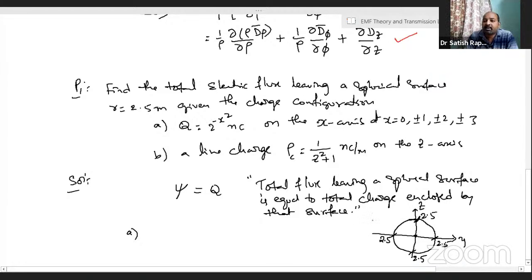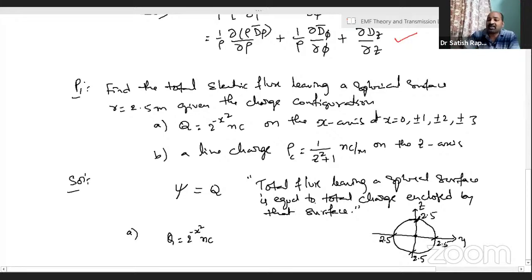So now coming to A bit, Q is equal to 2 to the power of minus x square nanocoulomb. As per the definition of Gauss law, total flux leaving a spherical surface is equal to total charge enclosed by that surface. So now we need to determine the total charge enclosed by that surface. Then we'll get the answer.